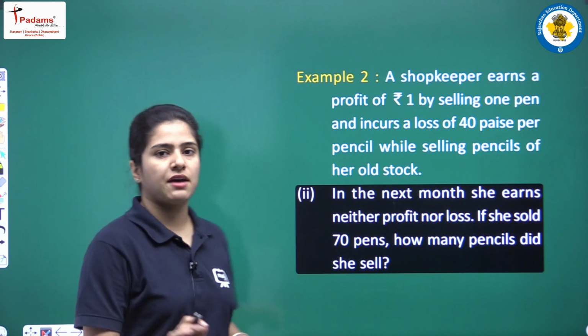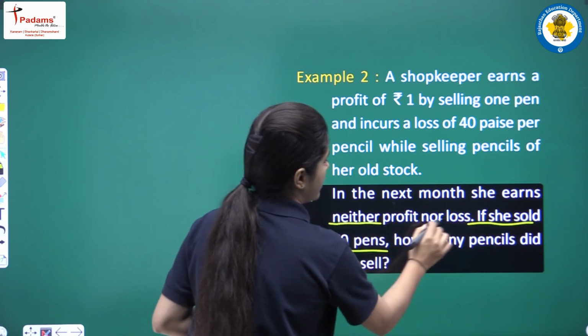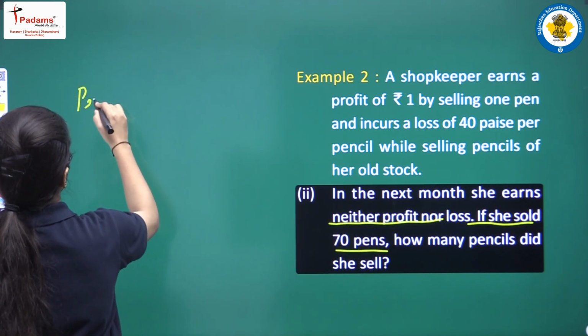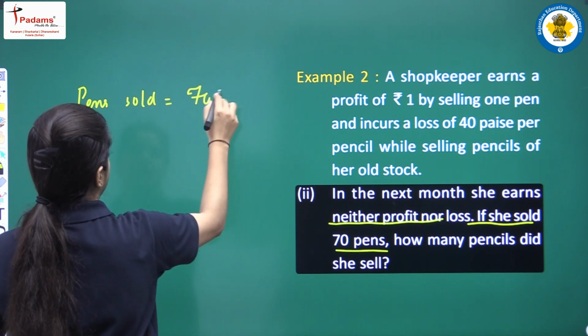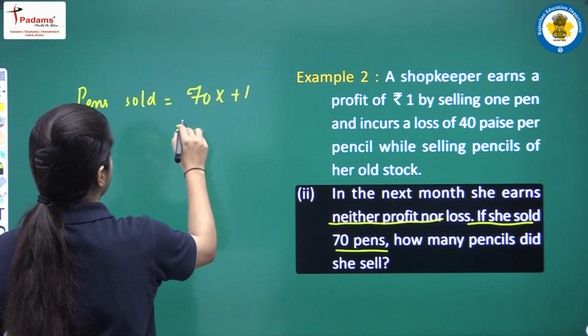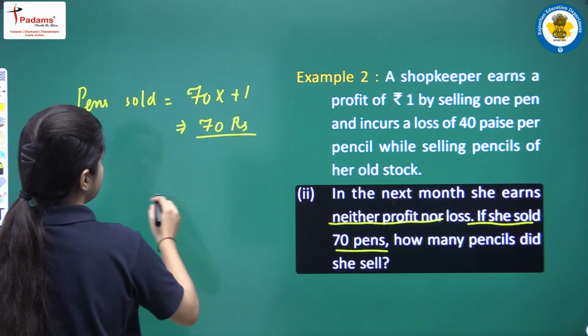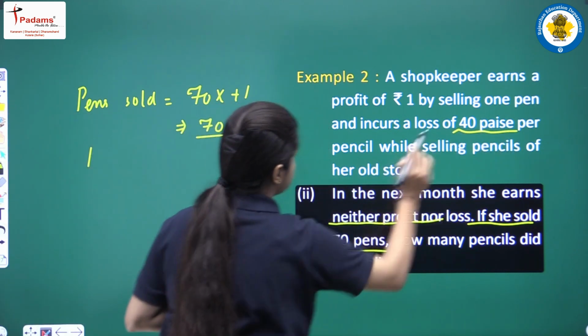Okay, she is having a no profit nor loss situation and she is selling 70 pens. So pens sold is equals to 70 pens, and for every pen she is getting plus 1 rupee, so 70 rupees. But we'll convert it into paise because the loss is given in paise.